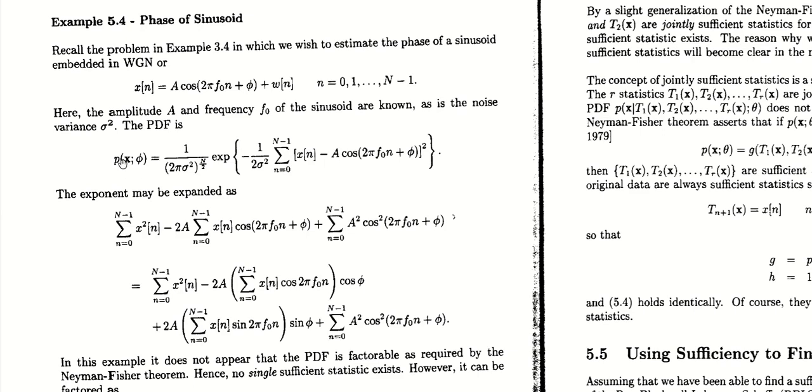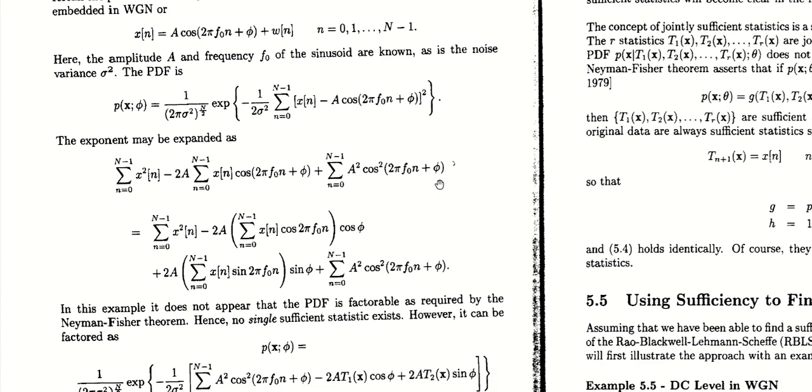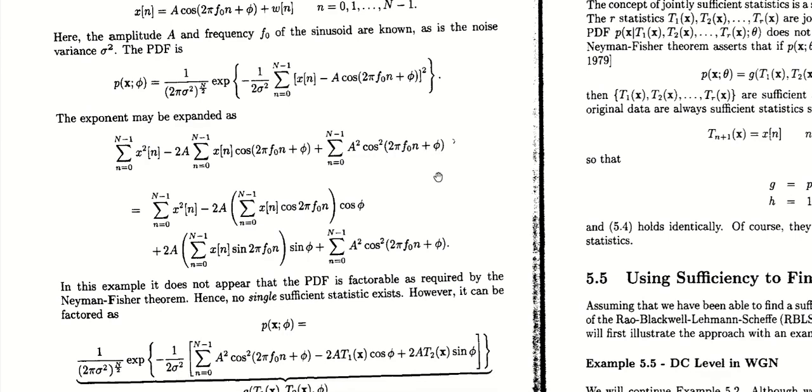So you have p of x and phi written out in the Gaussian form. Then the exponent may be expanded as this, because it is just a second order polynomial, right? You write it out, you get this summation x square minus 2A summation of this, and summation A square cosine square.